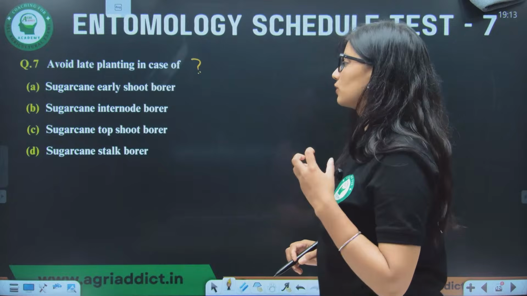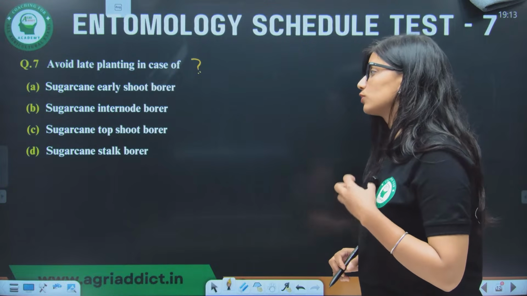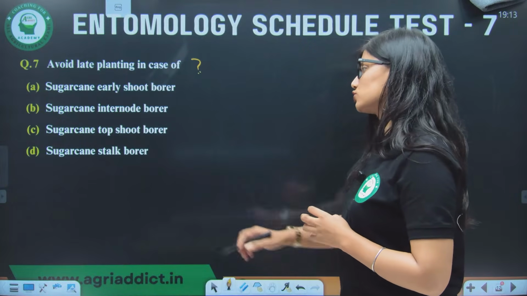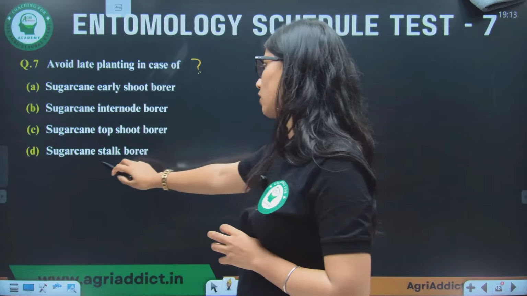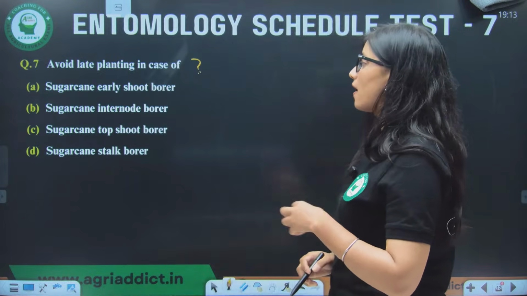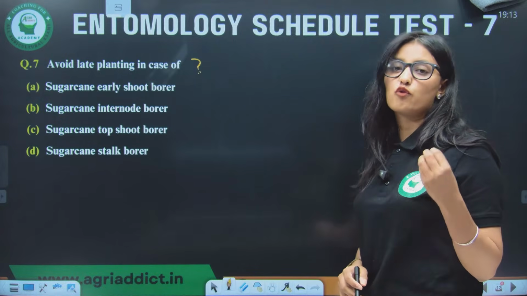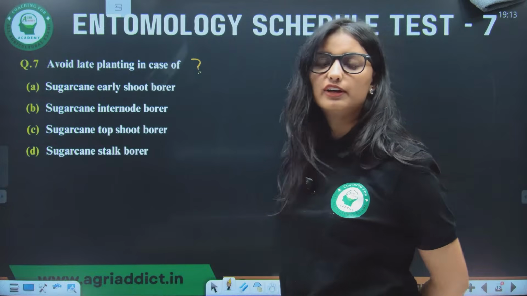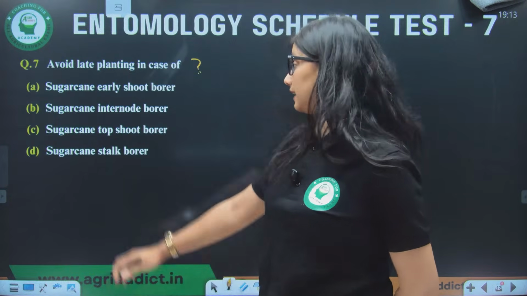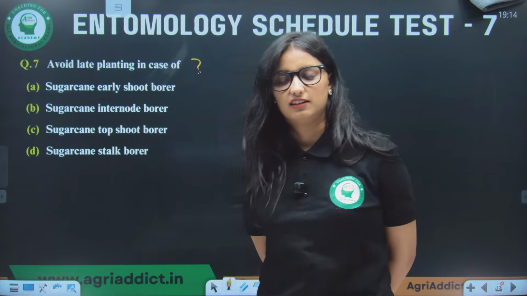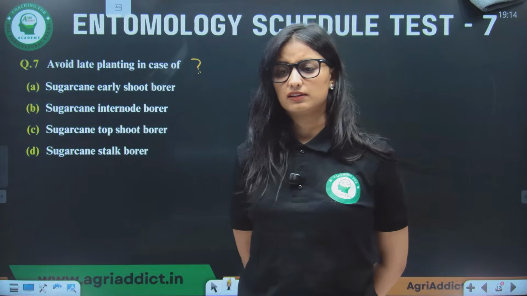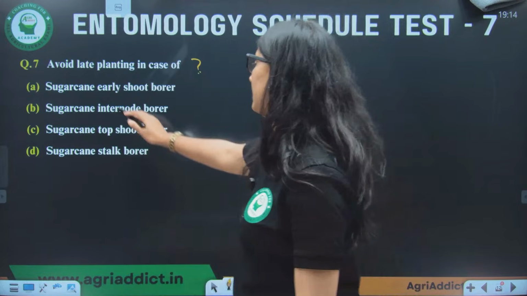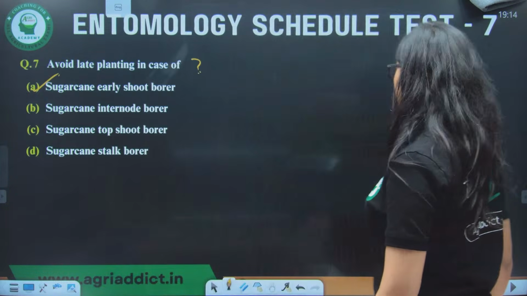Is it sugarcane early shoot borer, sugarcane internode borer, sugarcane top shoot borer, or sugarcane stalk borer? Avoid late planting in case of what? In options, its name is suggesting the answer. What is it? Yes, A. Very good. A is the correct answer.